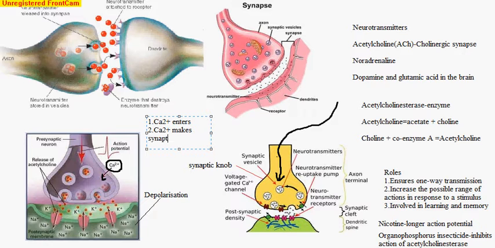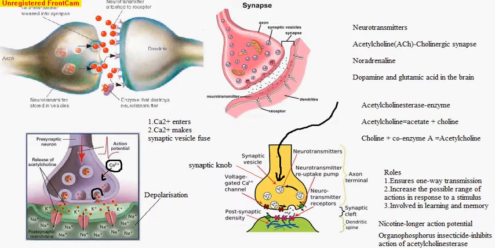Then we can go to the second thing, which is that calcium 2+ makes the synaptic vesicle fuse. So first calcium enters, then the synaptic vesicle fuses with this region over here. This fusing is caused by calcium. Then the vesicle pours its material outside.